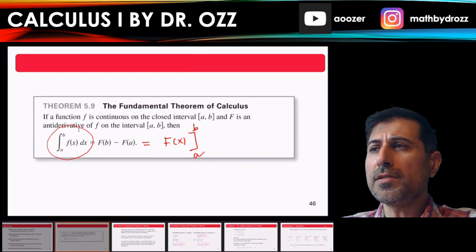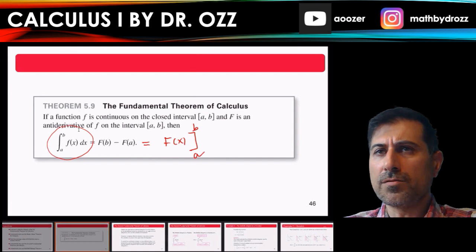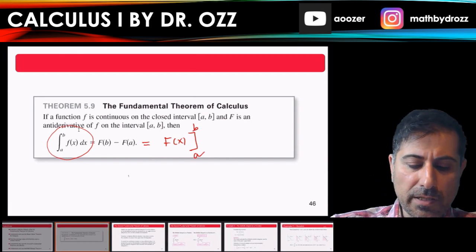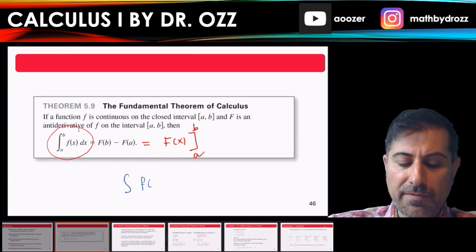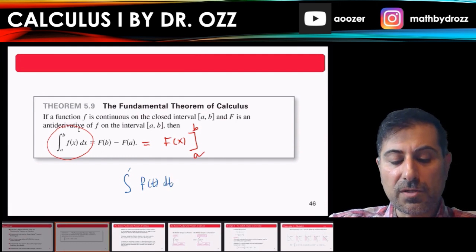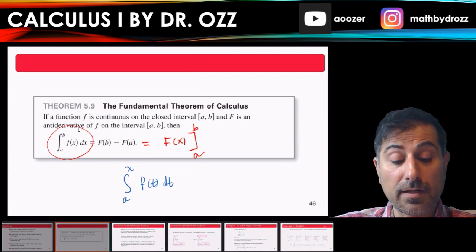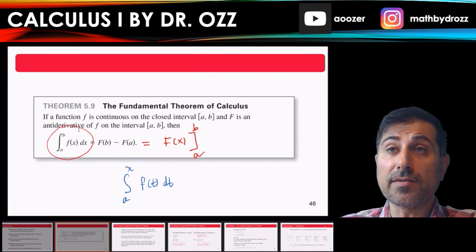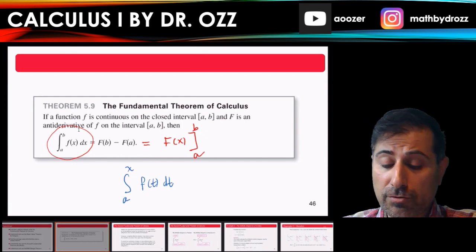To avoid the confusion of using x in too many places, we make the variable of integration t, so that we are allowed to use x in one of the bounds. In this case, it's the upper bound.